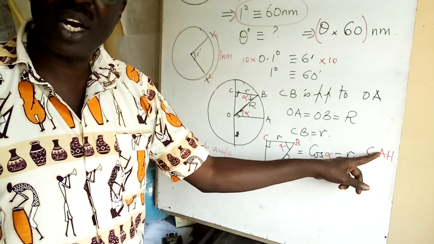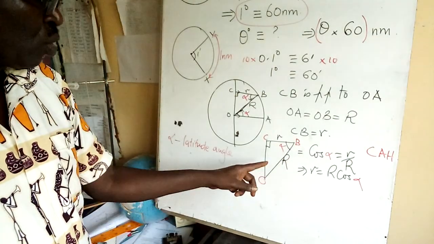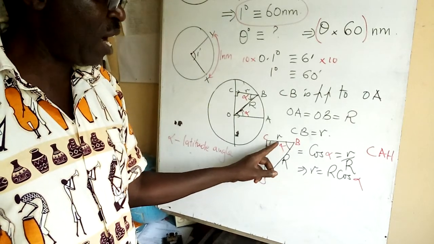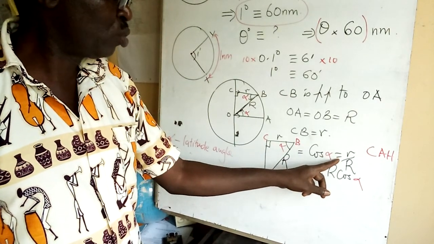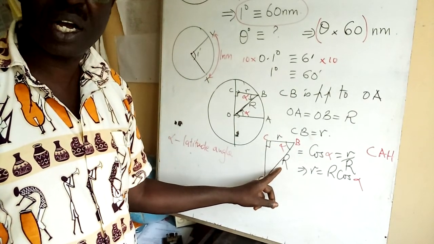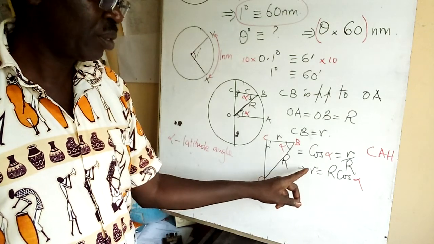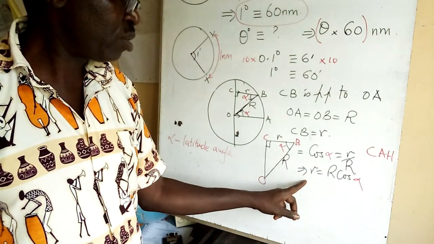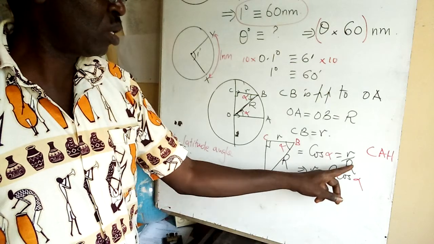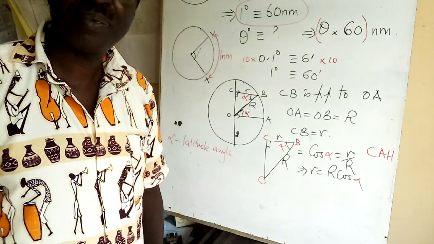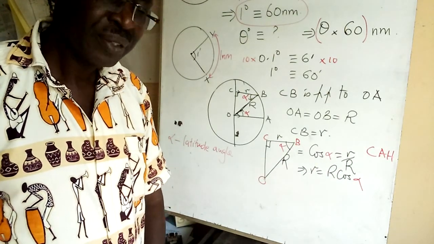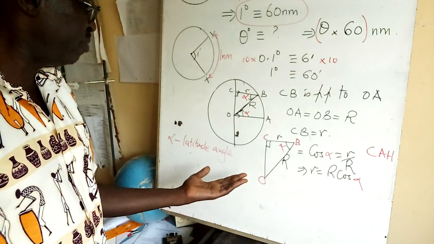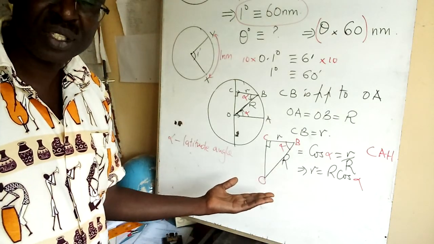Cosine relates to adjacent and hypotenuse. So I can say cos alpha is equal to small r over capital R, giving me small r is equal to capital R cos alpha. Okay? This is very important for us to know.